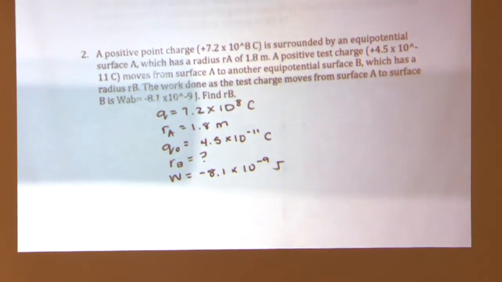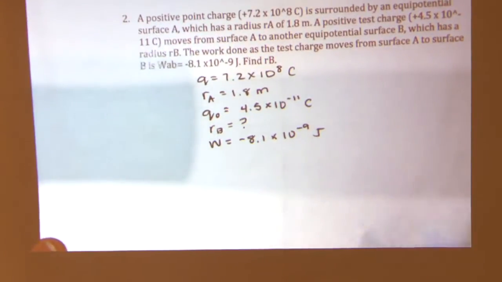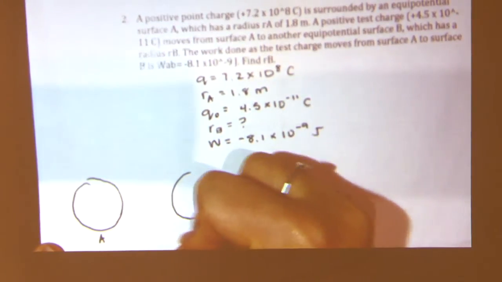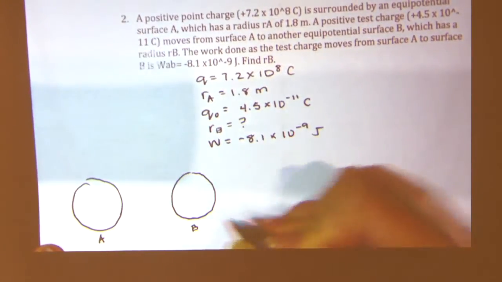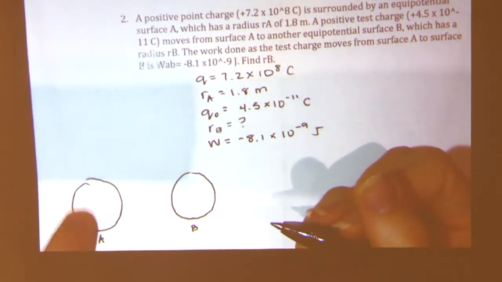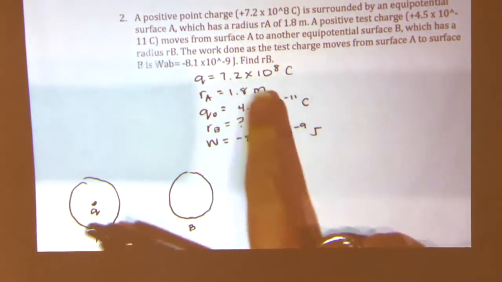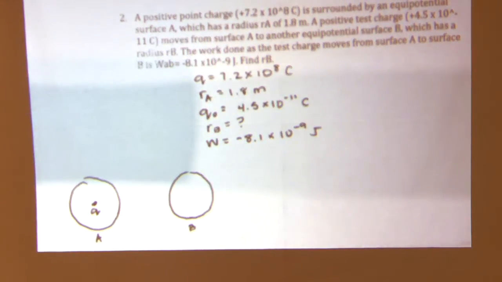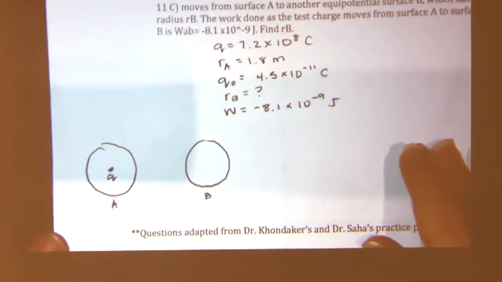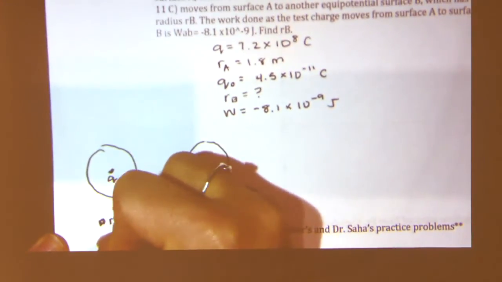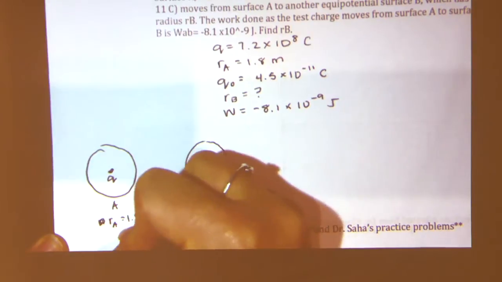Okay, so they gave us a lot of information, so let's draw this out. We have surface A. We have surface B. And we have this point charge in surface A. So this point charge is not moving. So I'm just going to write Q there for our point charge. And then we also know RA is 1.8 meters.